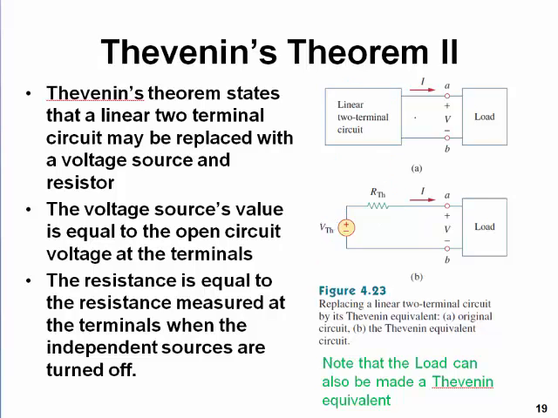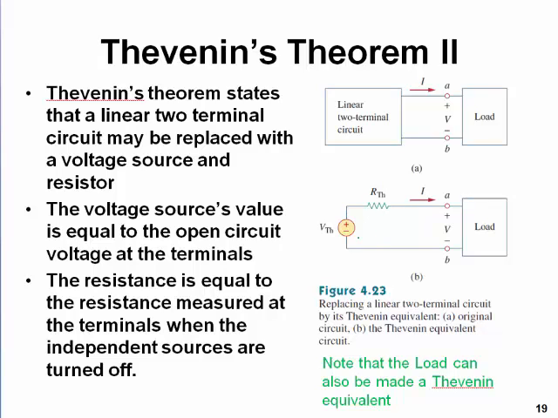This linear two-terminal circuit can be very complex inside, but by measuring it, you can model it as one equivalent source, which we call V Thevenin, and one equivalent resistance, which we call R Thevenin.